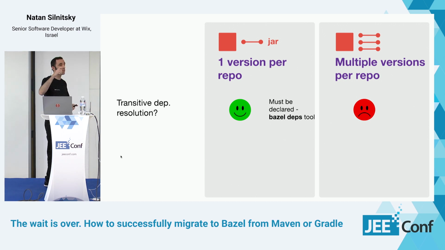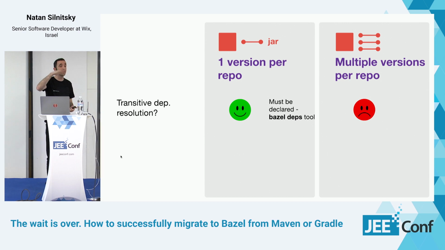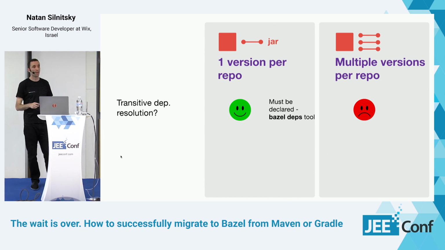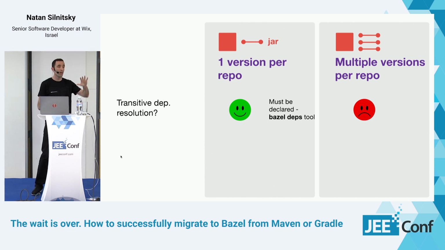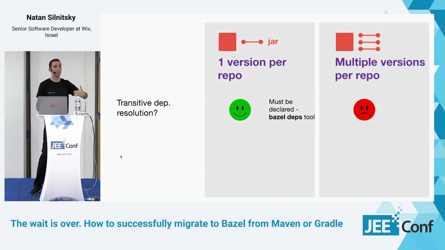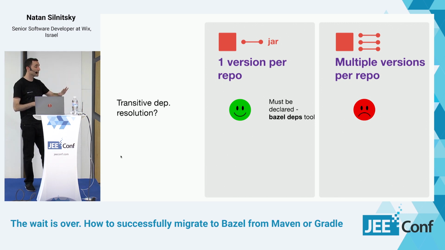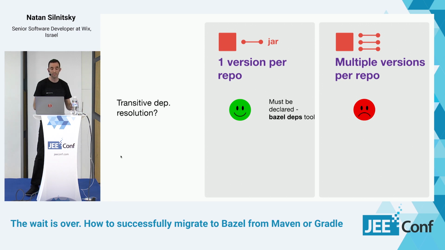So we use with Maven and Gradle to have implicit resolution of all of our dependencies, but with Bazel, you have to explicitly declare all of the jars in configurations in order for Bazel to fetch them first before it starts to build.